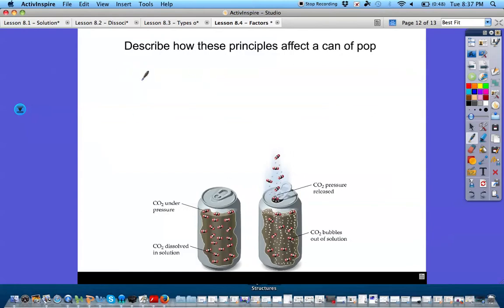So when you open it, you are going to decrease the pressure, which is going to decrease the solubility of the CO2.